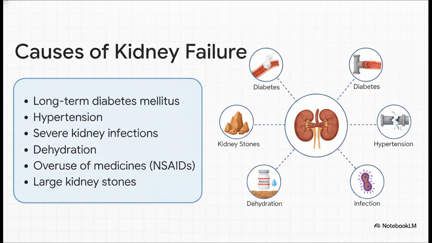So the crucial point here is understanding how these actually cause damage. Take hypertension, for example. Think of it like damaging high-pressure plumbing in a house. जब blood का pressure लगातार high रहता है, over time ये delicate microfilters को completely destroy कर देता है, जो kidneys के अंदर होते हैं. इसी तरह, long-term diabetes mellitus भी इन delicate structures को permanently damage कर सकती है.